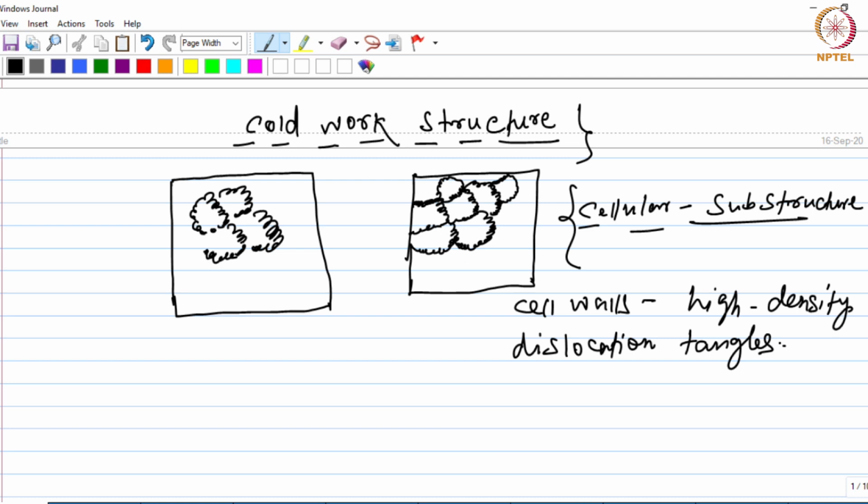And the exact nature of this cell structure will depend on the material, the strain rate, and the temperature at which the material is deformed.